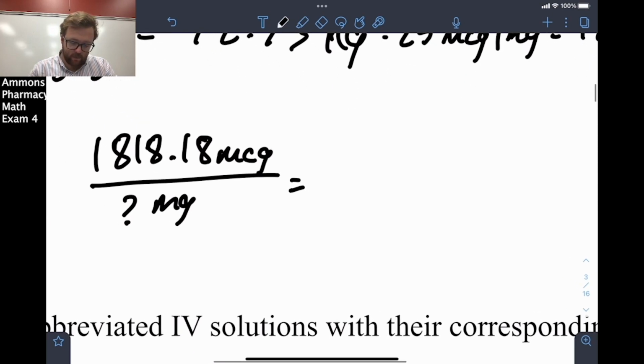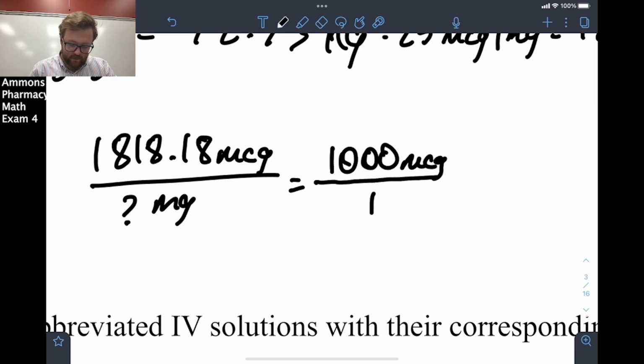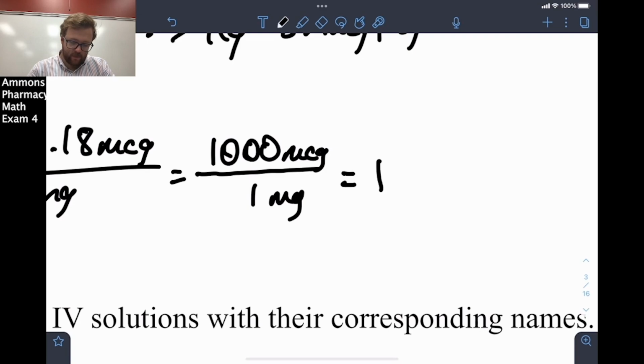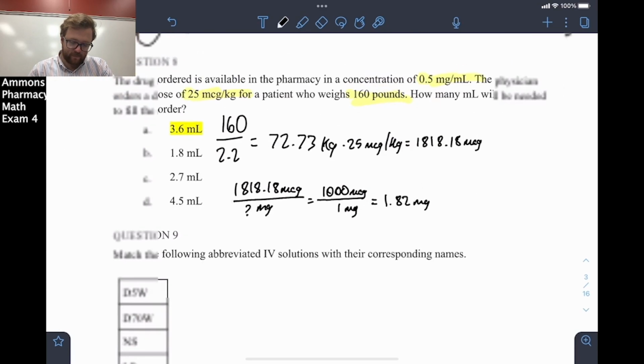So basically, it's a 1,000 to 1 ratio. So we have 1,000 of these is equal to 1 of these. So it's the same thing as moving the decimal 3 places left. So 1,818 divided by 1,000 is 1.818, we'll call it 1.82 milligrams.